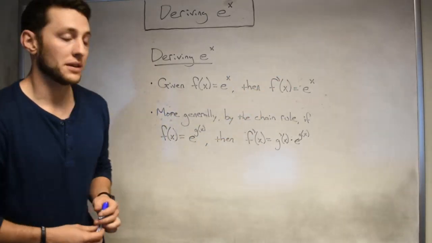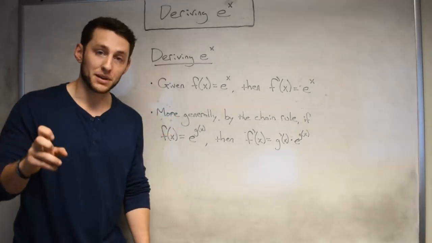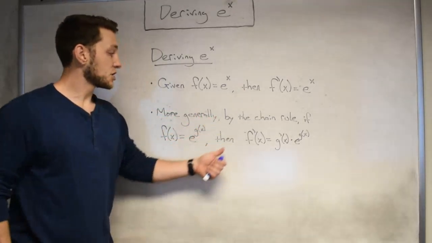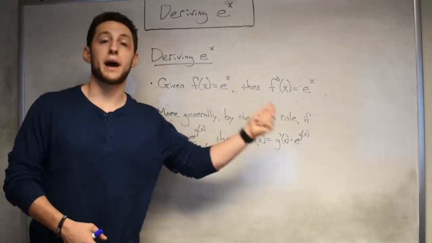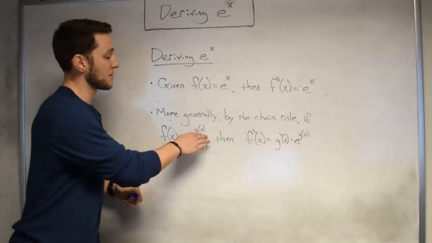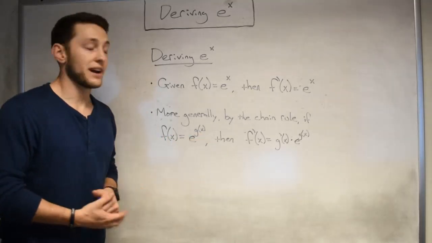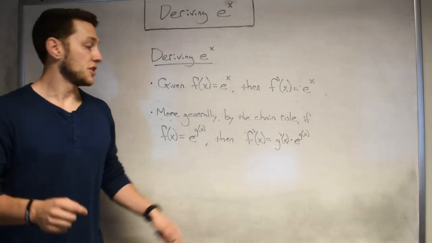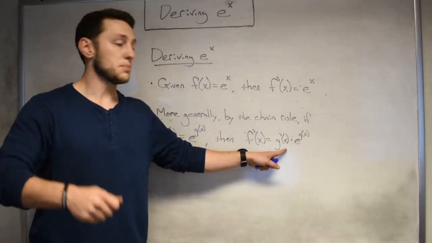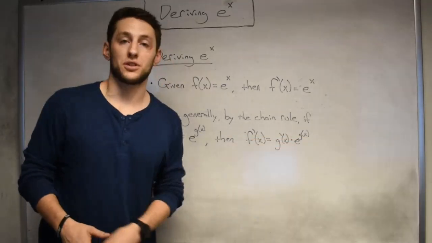Now a little bit more generally, and probably a better rule to have memorized, is by the chain rule actually. If you have f of x equals e to some power involving x, which I will signify another function g of x up top, then the derivative f prime of x is the derivative of the power, g prime of x, times the original thing.